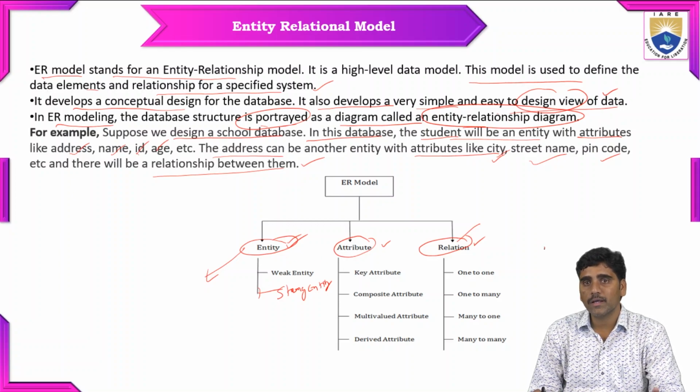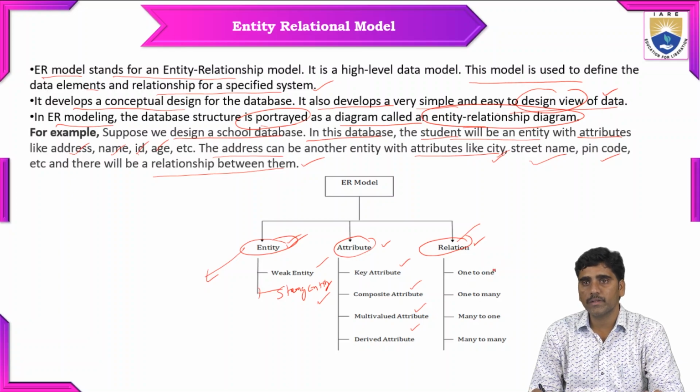There are different types of entities. Based on the type, we can categorize weak entity and strong entity. Similarly, attributes are categorized as key attribute, composite attribute, multi-valued attribute, and derived attribute.